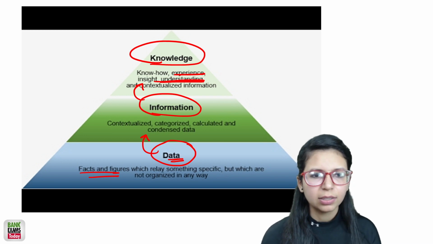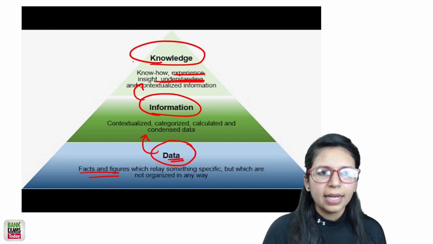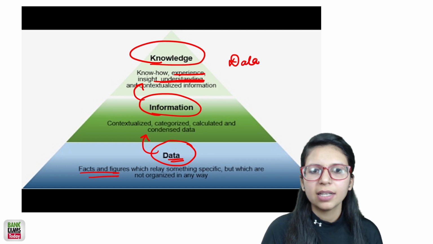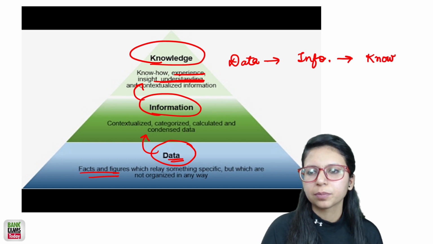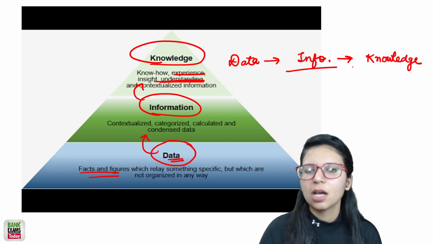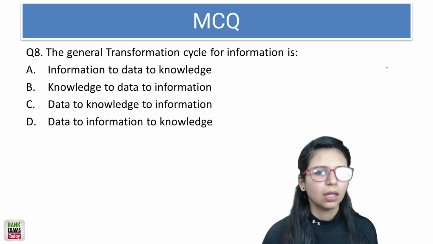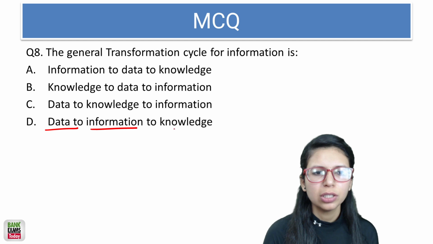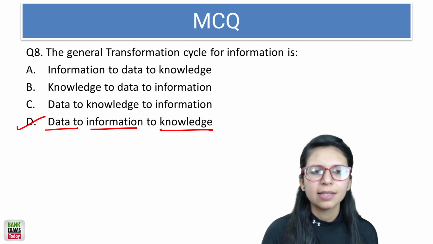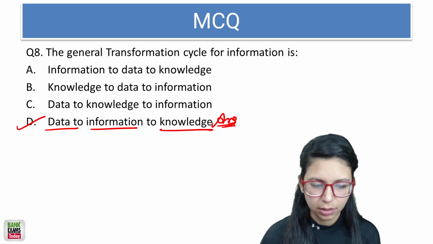So that is the flow: data becomes information, and then information turns to knowledge. So the answer here will be data to information to knowledge. So D is our correct answer here.